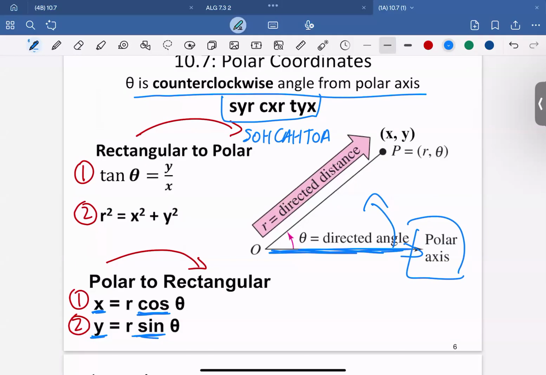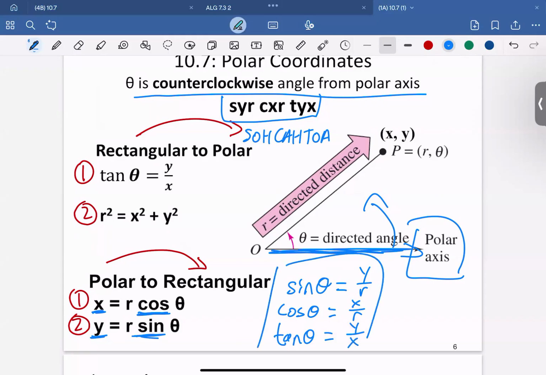But if you want to memorize these arbitrary letters, it's SYR: sine equals y over r. The CXR would be cosine equals x over r. And lastly, TYX is just tangent equals y over x. Not the most helpful, but if your brain works well with letters, you can go ahead and memorize that.